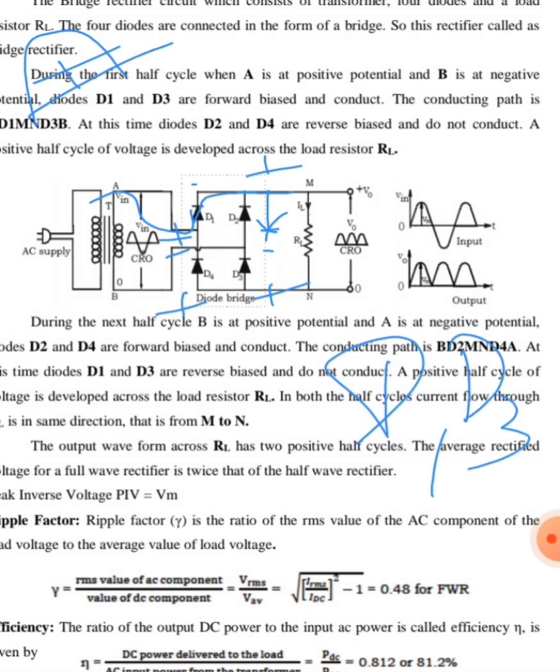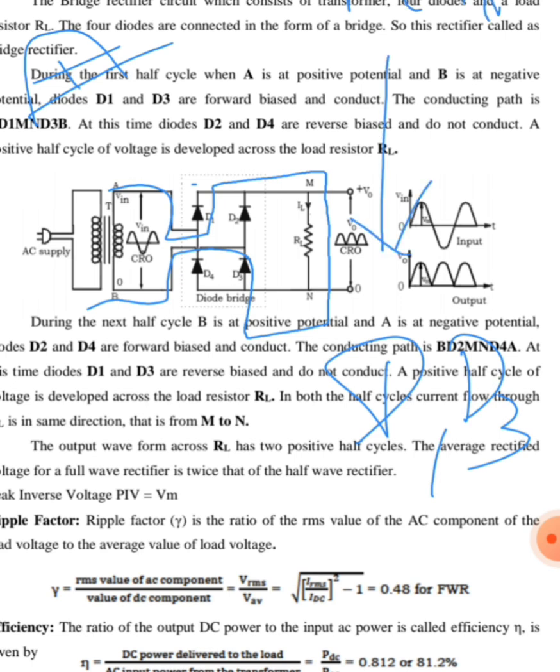So how does the current flow? From A through D1 to M, through RL to N, then through D3 back to B in this direction. So the current is flowing from M to N, from top to bottom direction.